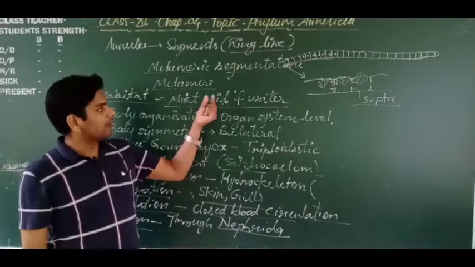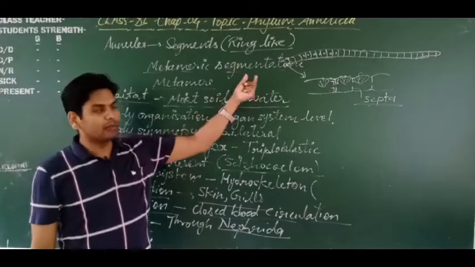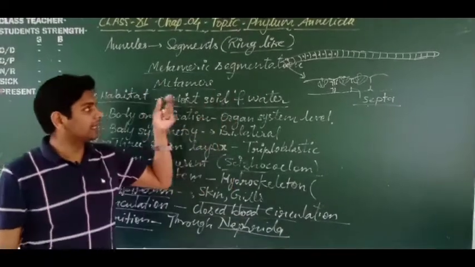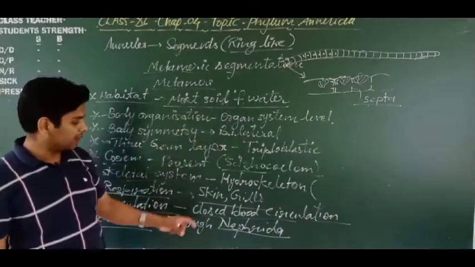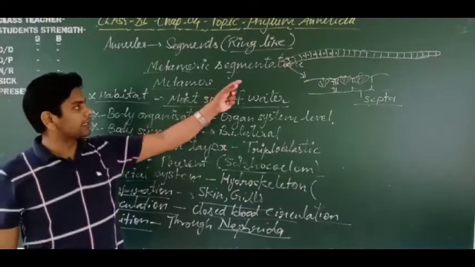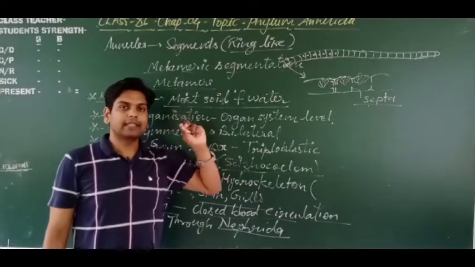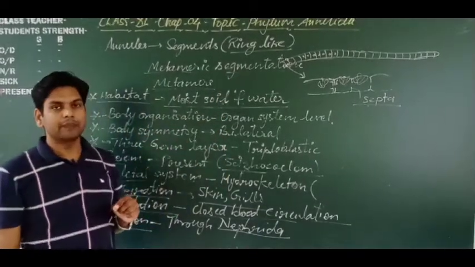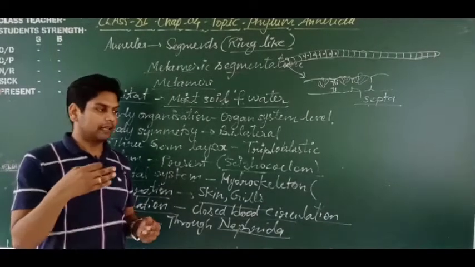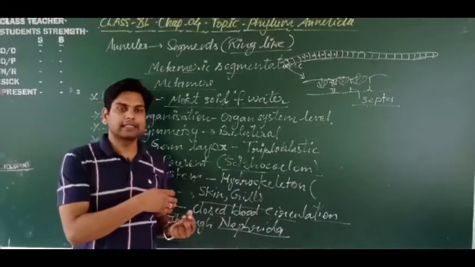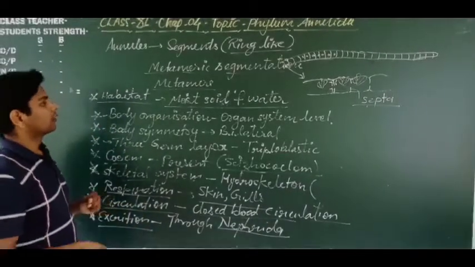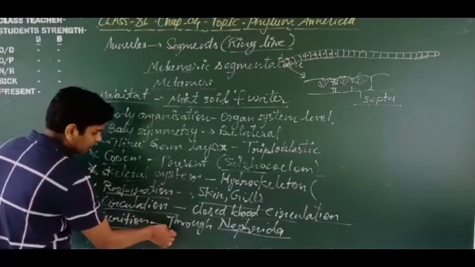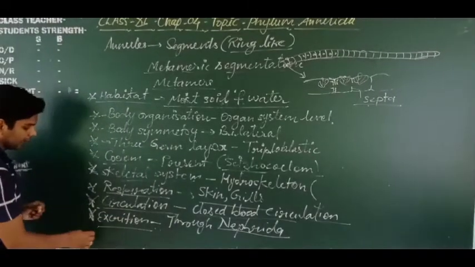Some nephridia are integumentary nephridia, because three types of nephridia are present in earthworm. One type I am discussing here: these are present in the skin, that is why they are known as integumentary nephridia. These nephridia absorb the excretory substances from the body and eliminate them outside. Got it? So excretion occurs through nephridia.